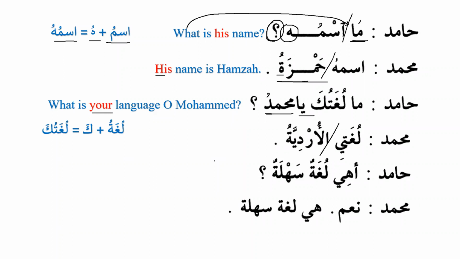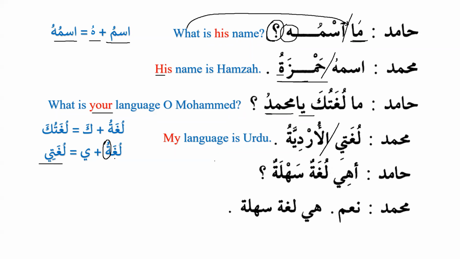Okay, so now we can see here that it was basically lughatu, and then here we have lughatuka, and then when we move on to my language, you will say lughatu, and then after that we have ya, and it becomes lughati. Okay, lughati. So if we have ya, please don't drop it. It is ta marbuta. So when we have ta, we don't drop it.